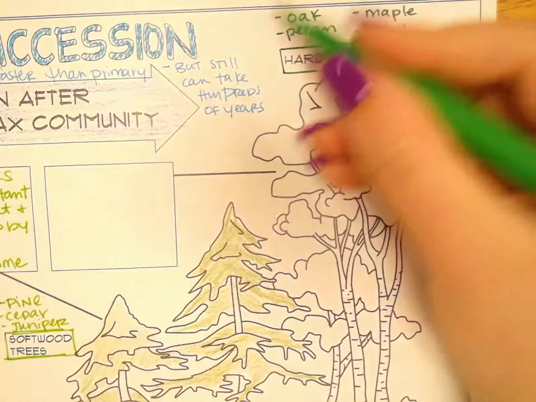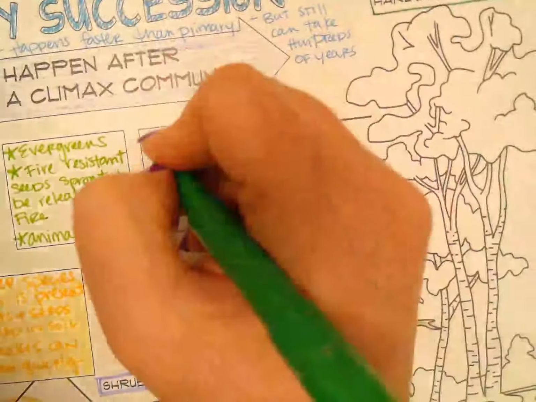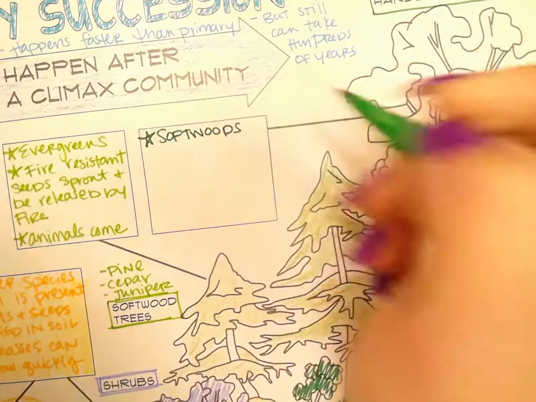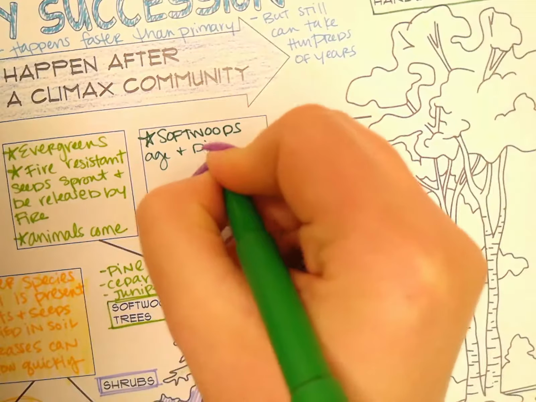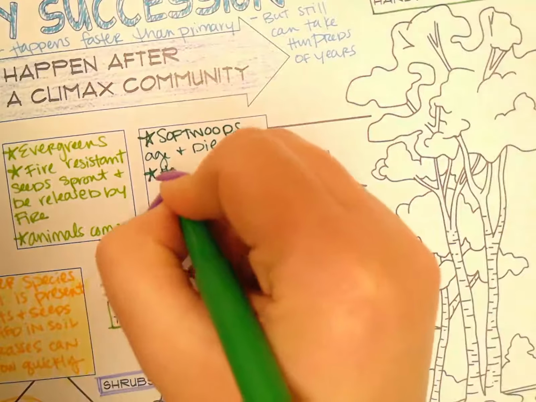These lose their leaves in the fall, right? So these softwoods, like the evergreens that we were talking about, are going to age and die, and then hardwoods can take over.